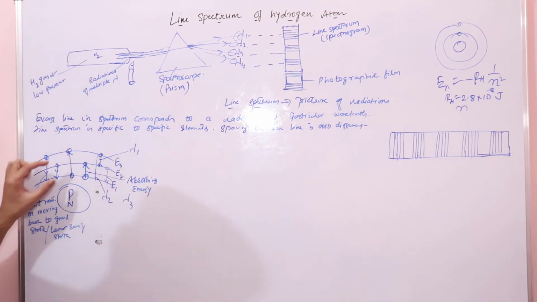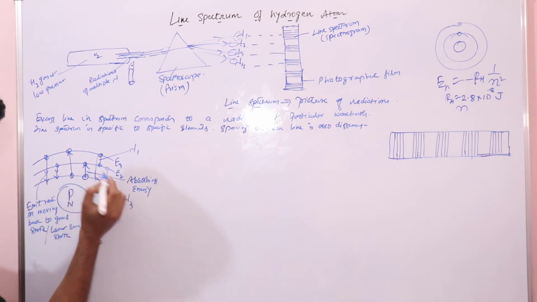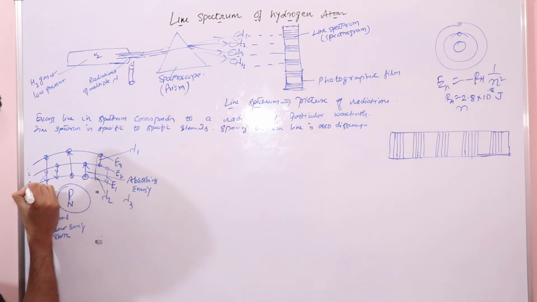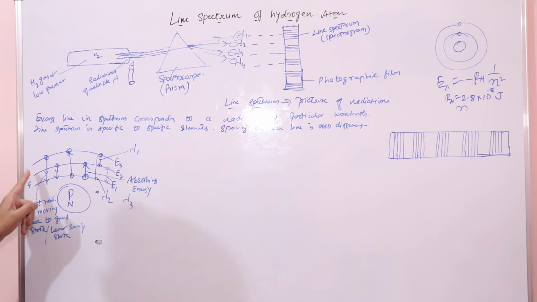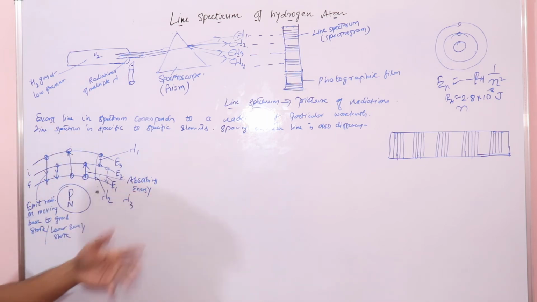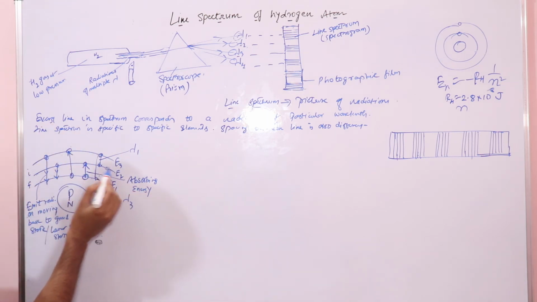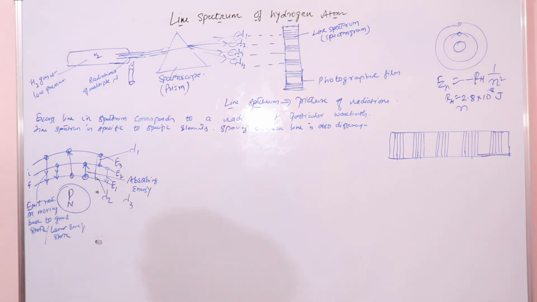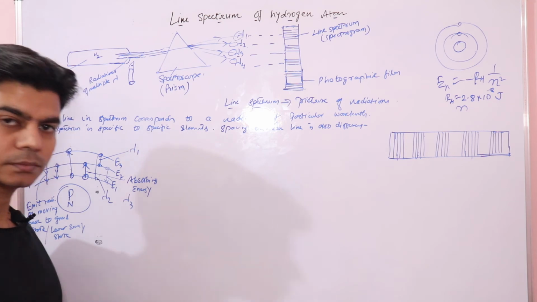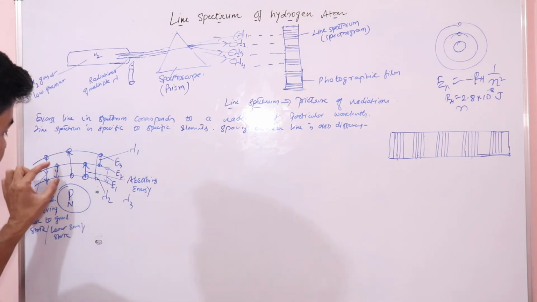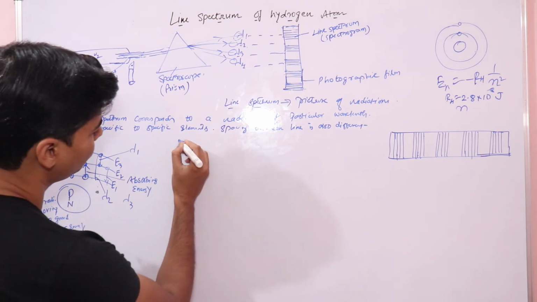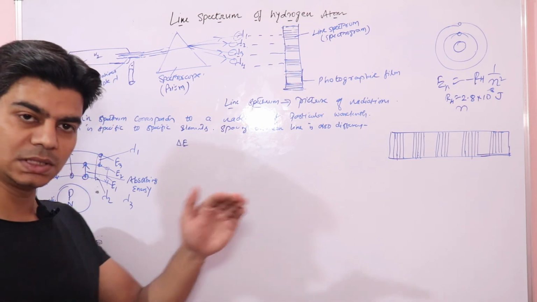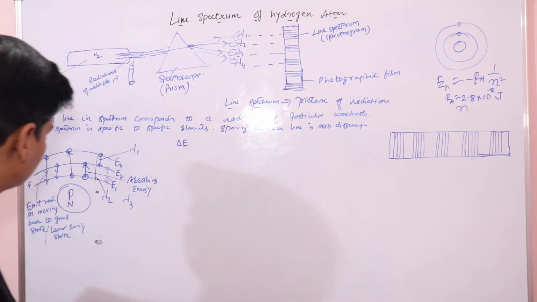So we are taking the case of emission. When the electron moves from a higher energy state to a lower energy state, it will emit radiation. The energy of that radiation would be given by the difference in the energy of the two energy levels.